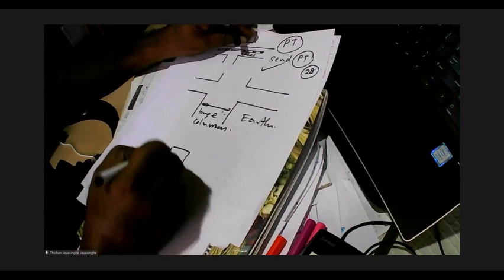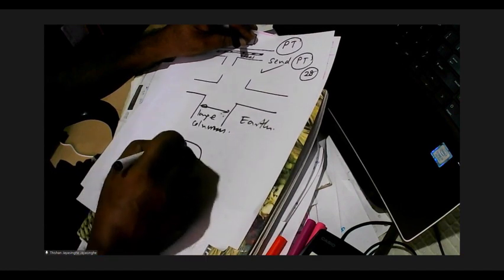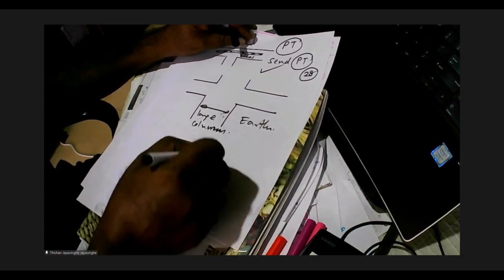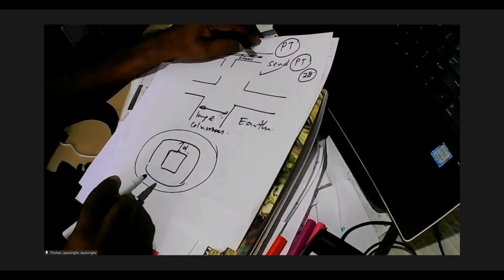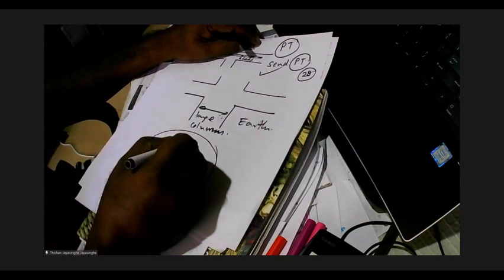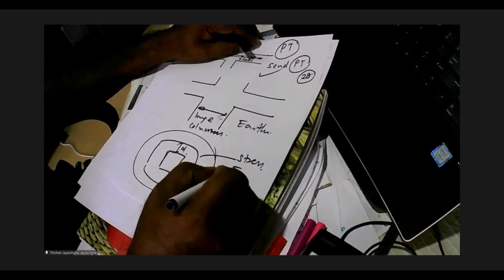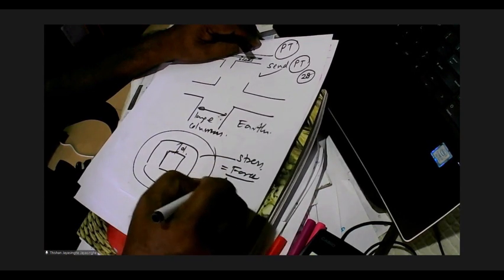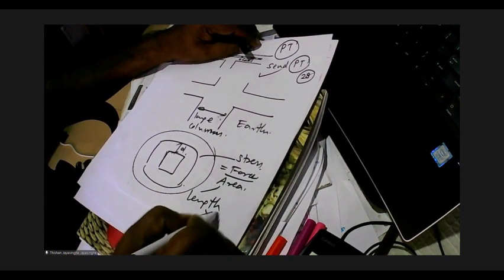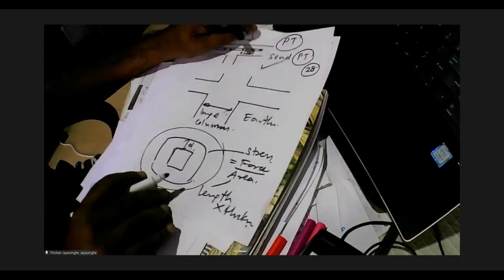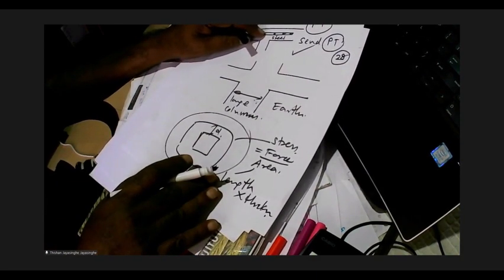When you have a large column, the critical section will come around it at a distance d away, and also you can get punching shear perimeters. And all these critical perimeters will have a sufficient length. If the length is more, stress is force divided by area, where area is length multiplied by thickness. So this way, you can ensure that the flat slabs behave perfectly well.